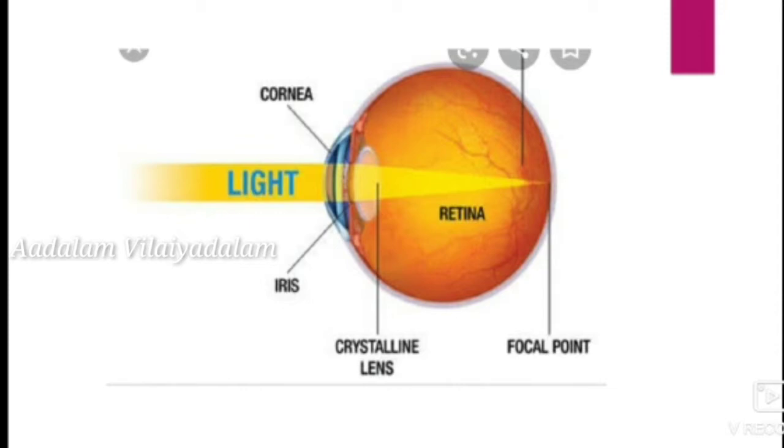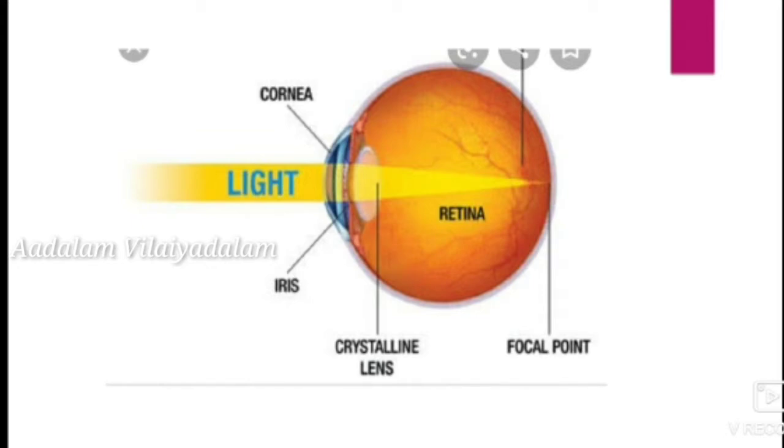Then the adjusted light passes to the eye lens, which is convex in nature. If the light rays enter into the convex lens, what will happen? Yes, the convex lens converges the refracted rays. And which type of image is formed?